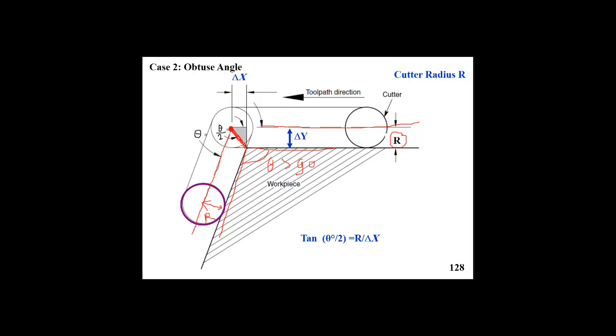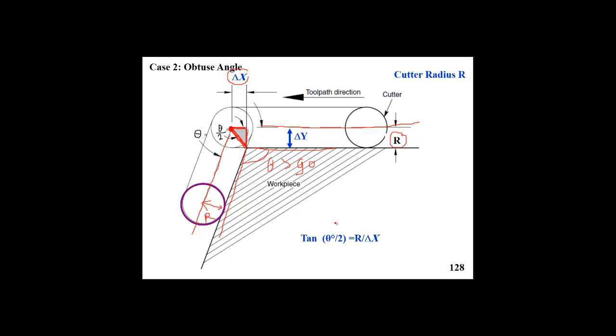So as we see here, this is the right angle triangle. One side again represents dy, which in our case will be again the radius of the cutter, and the other value will be again dx, which is the amount of the shift of the center of the cutter from the edge point.